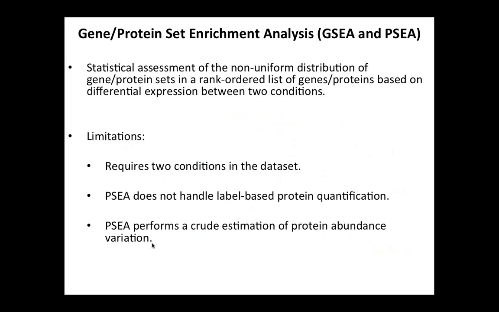It would basically consider protein variation based on presence or absence in a certain set of replicates. And the main problem for us is that PSEA is not available as a user-friendly implementation, which is obviously a main limitation for researchers in the field.